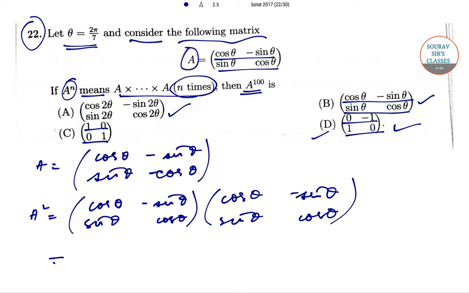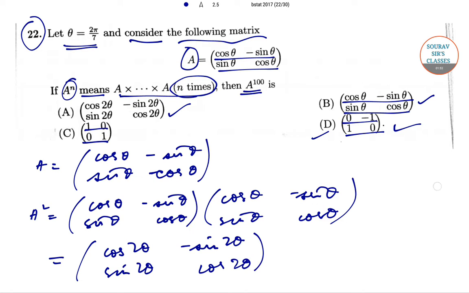Upon multiplication, A square gives us cos of 2 theta, minus sin of 2 theta, sin of 2 theta, cos of 2 theta.